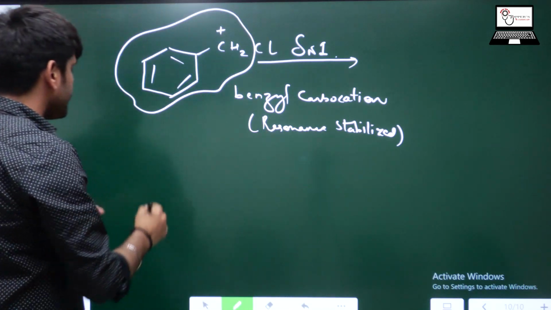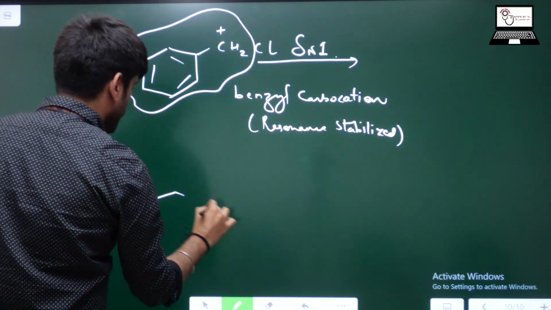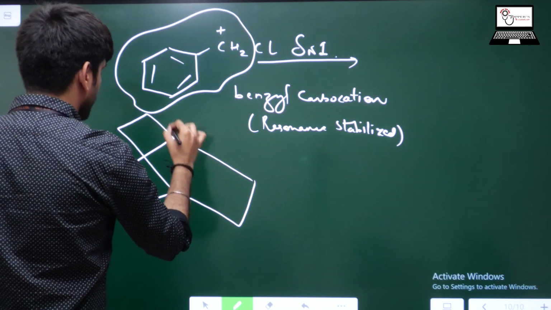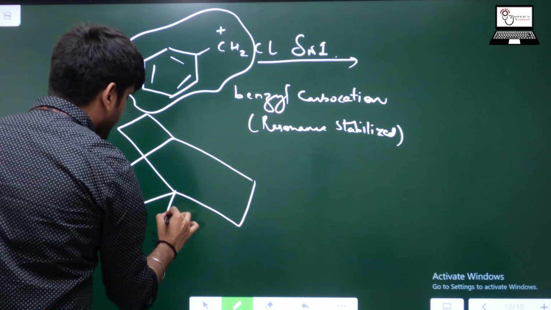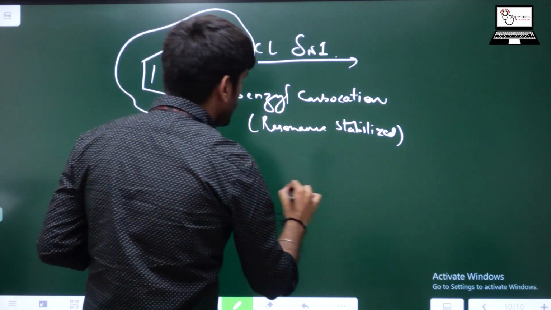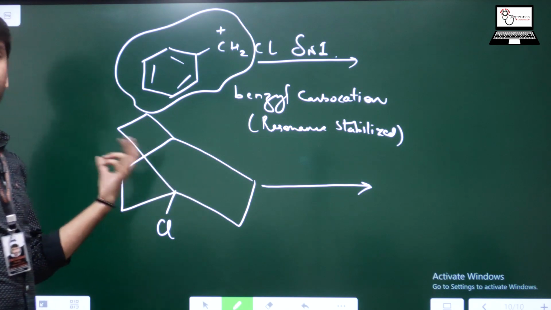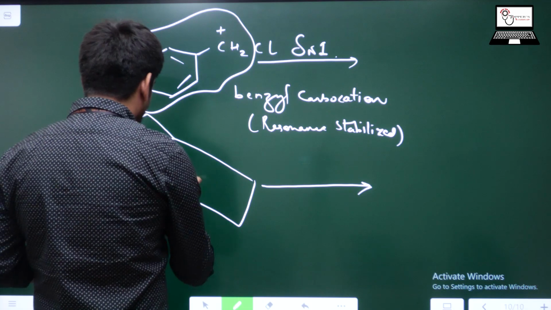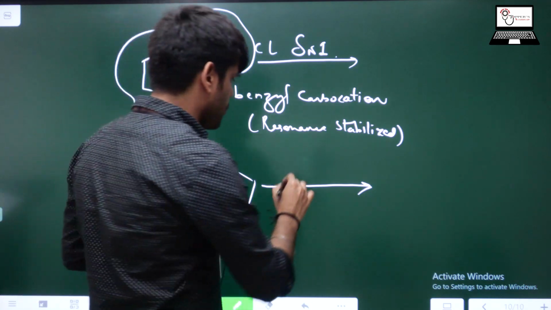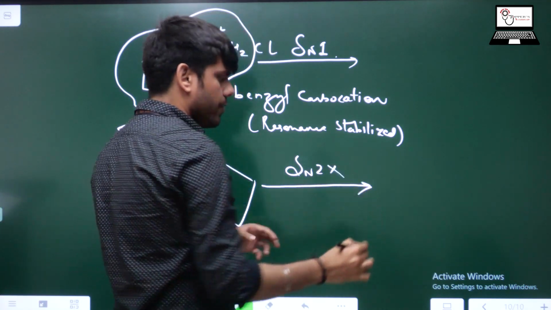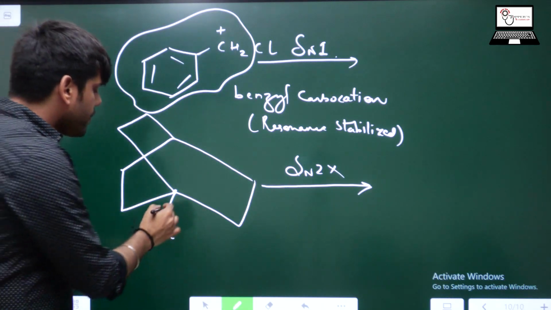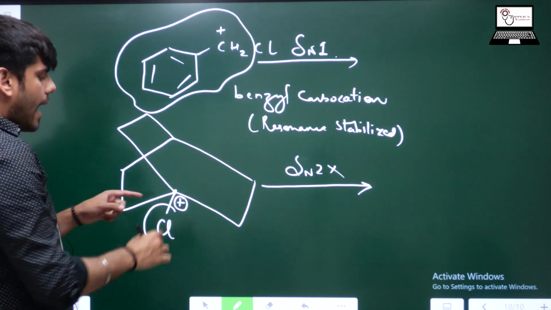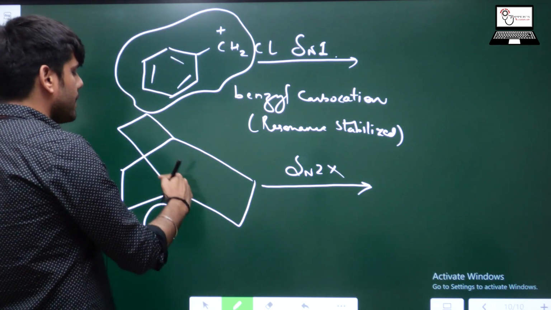One more thing: suppose I have something of this sort, with Cl over here, and I ask you what type of mechanism it follows. This carbon is attached to 3 other carbons, so SN2 is ruled out. And when this chlorine leaves, I end up getting a carbocation like this, and this positive charge is on the bridgehead carbon.